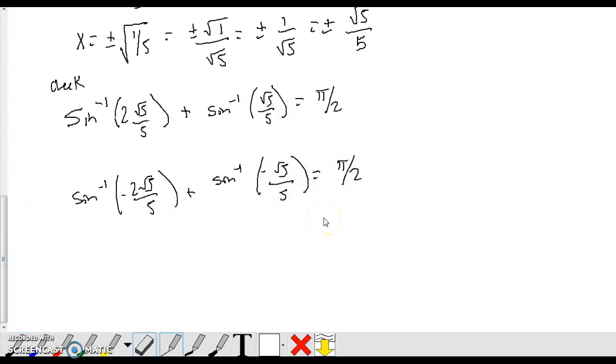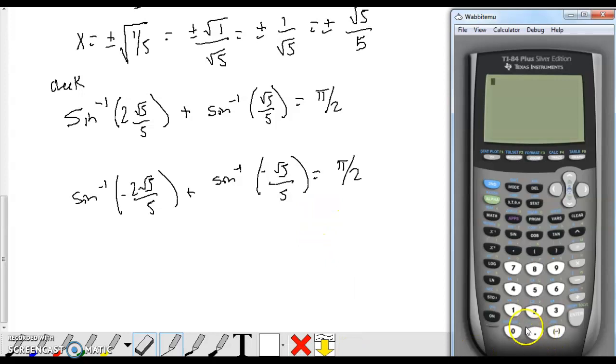Now, I don't know about you, but I don't know where root 5 over 5 is on my unit circle. So we should use our calculator. So we would say second and inverse sine, and I'm going to say 2 root 5, and then all of that is being divided by 5.